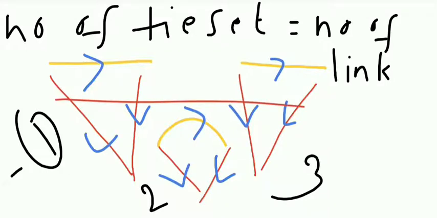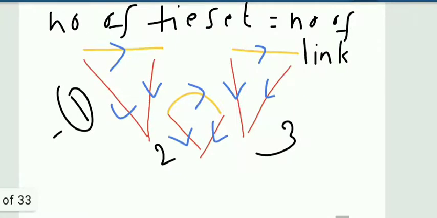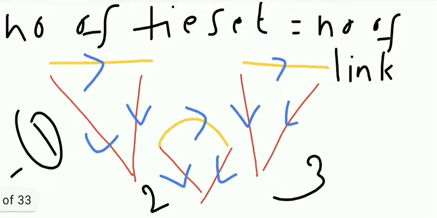So first I write the numbers for this: 1, 4, 5. This is 1, this is the 4th branch, this is the 5th branch. If the branch is going along the direction of the link, you put plus 1. If the branch is going along the opposite direction of the link, you put minus 1. Here branch 4 is going along the direction of link 1. So 1 and 4 have the same direction. So for 1 I put plus 1, for 4 also plus 1. Link is always plus 1.